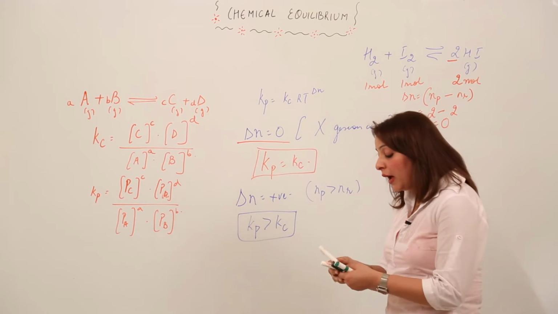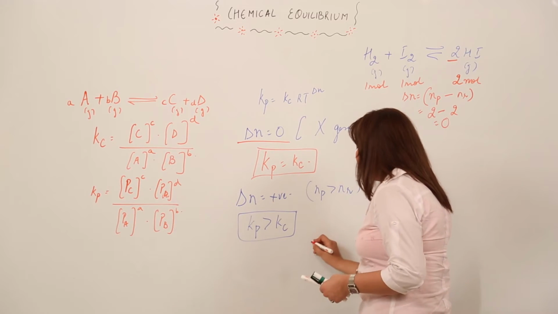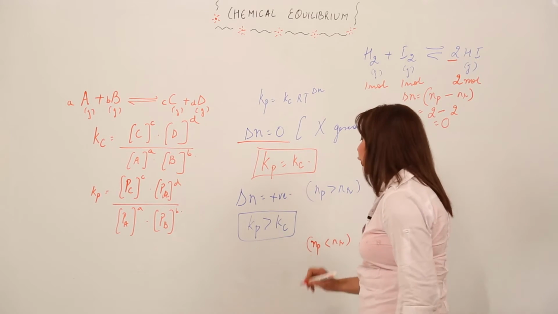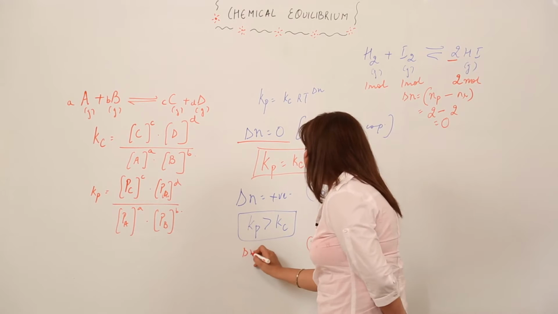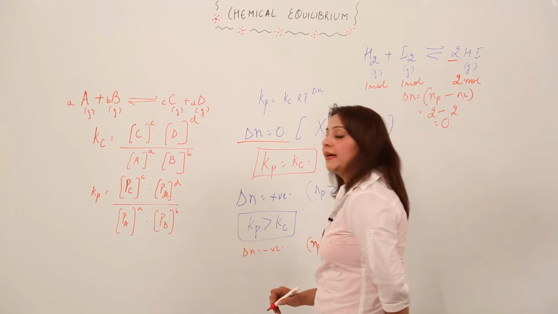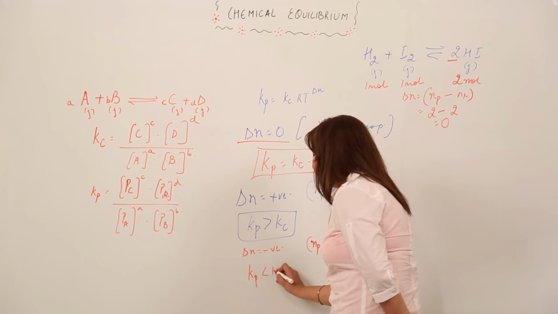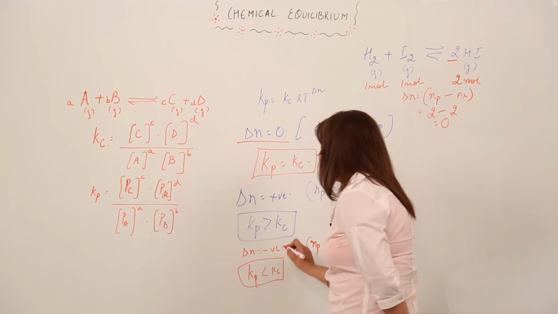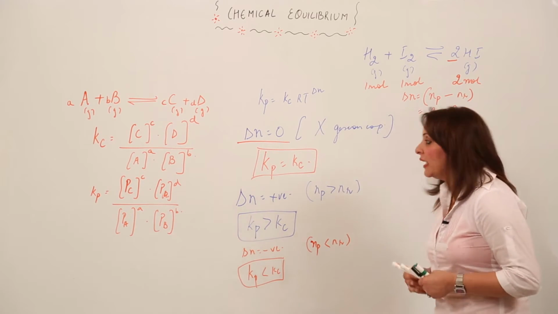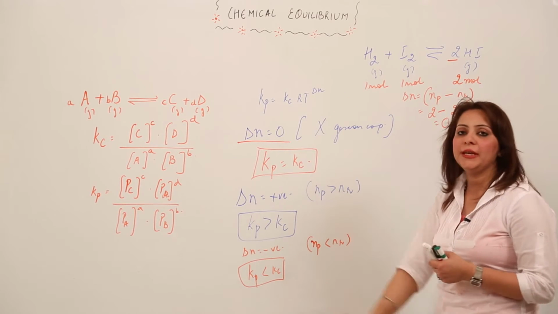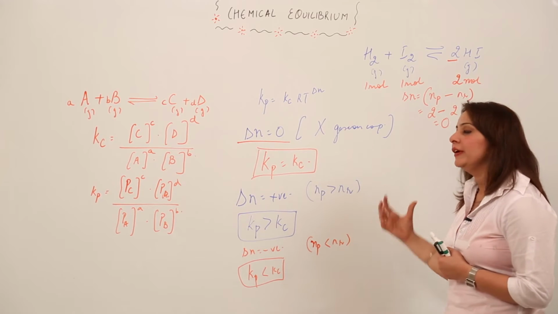And we have a condition when the number of moles of product is less than the number of moles of reactant. In this case, the change in number of moles is negative, so Kp is going to be less than Kc, as Kc is greater than Kp. I think you got it, what the relation between Kp and Kc is under each condition and how they are related to each other.